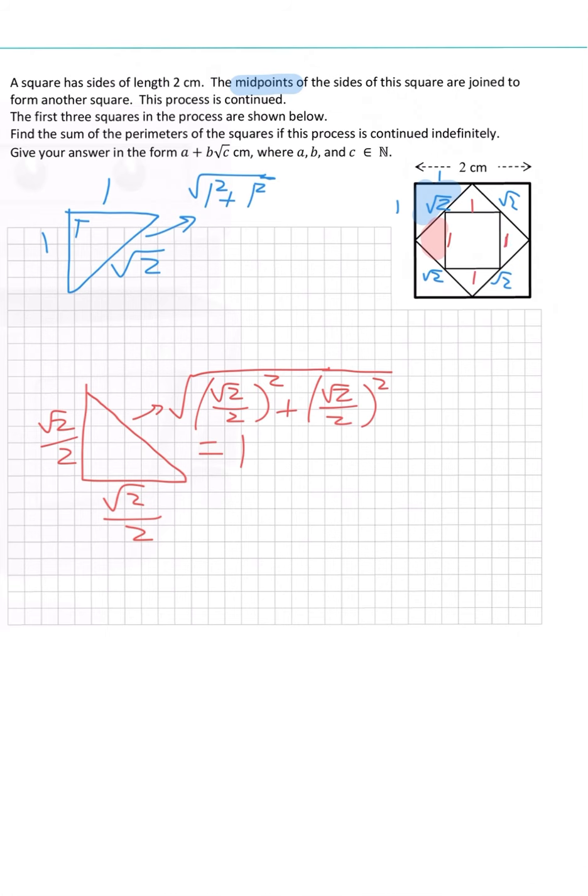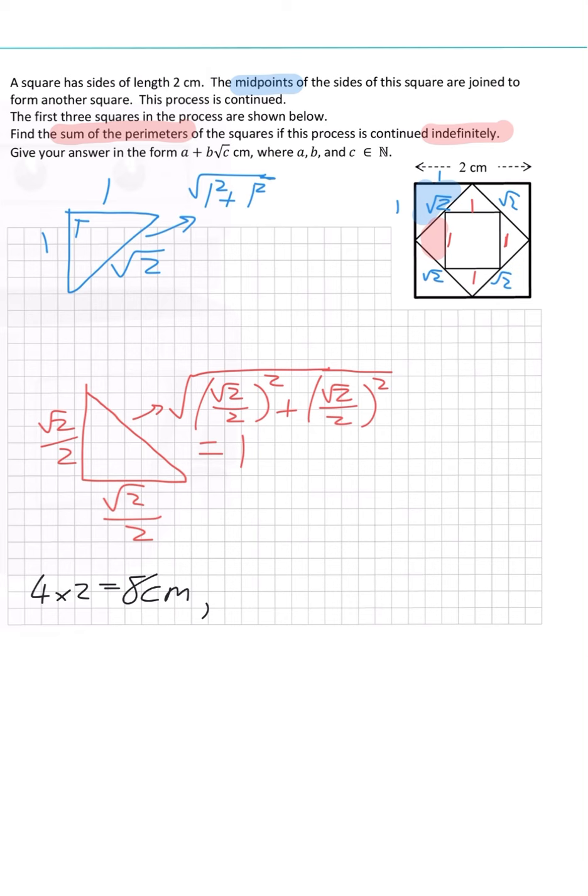Now we're told that the sum of the perimeters of the squares is continued indefinitely. Okay, so let's get the perimeters of these squares. The first square has sides of length 2 centimeters. So if all the sides are 2 centimeters, 4 times 2 will be 8 centimeters. That's the perimeter of the first square.